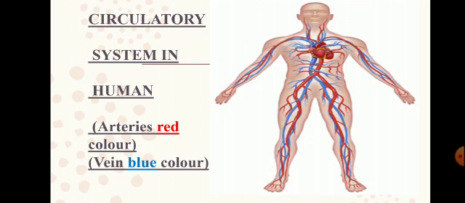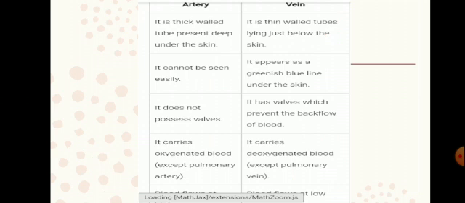You see the slide, the differences between arteries and veins. First column artery, the second one vein. The artery is a thick walled tube present deep under the skin.